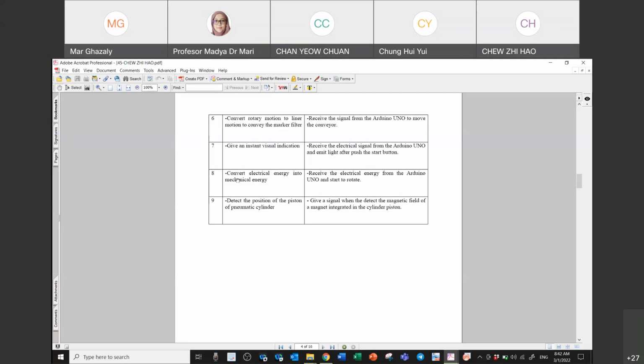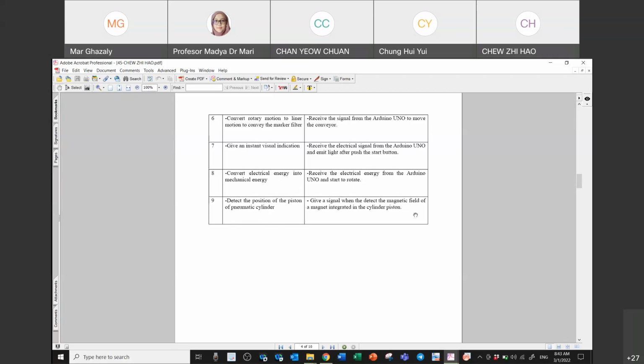Either way, you can write out convert electrical energy into mechanical energy, in brackets, conveyor system, so that it's clear. Imagine you are the one marking the assignment; I need to know which part this is indicating. So you need to add the requirement in front or somewhere inside here to mention that it's referring to a conveyor.